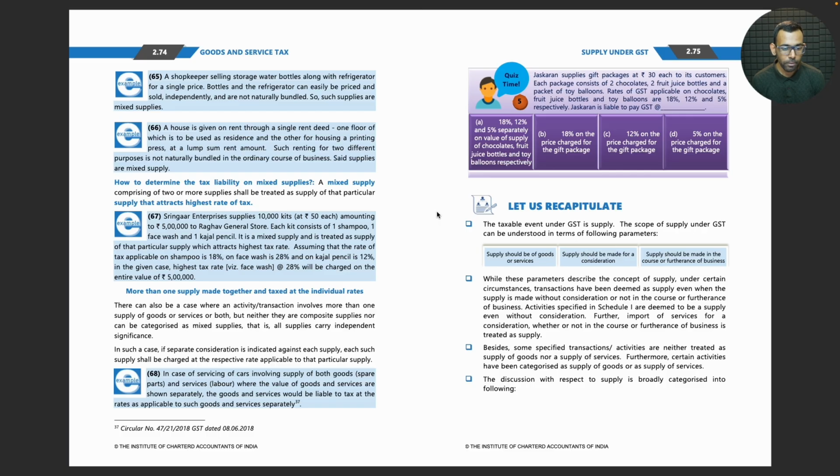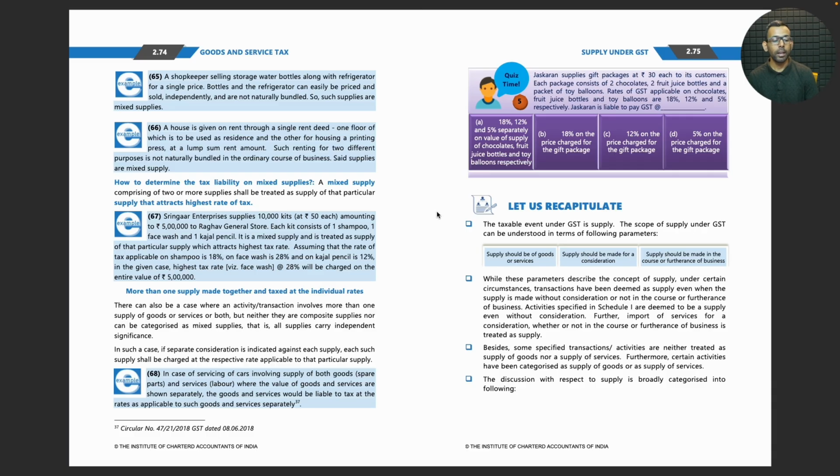Assuming that the rate of tax applicable on shampoo is 18%, on face wash is 28%, and on kajal pencil it is 12%. In the given case, highest rate of tax, which is 28%, will be charged on the entire value of 5 lakh.